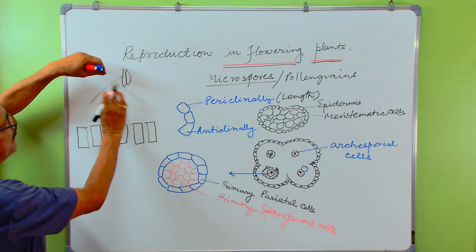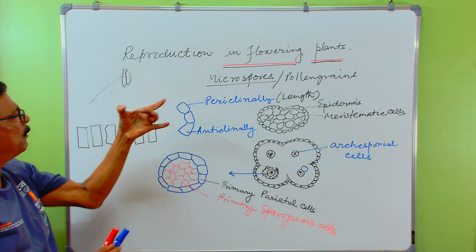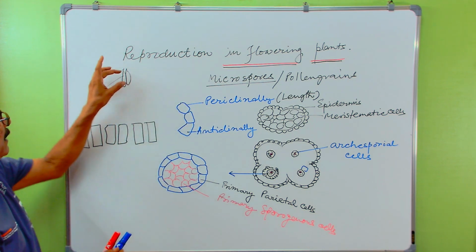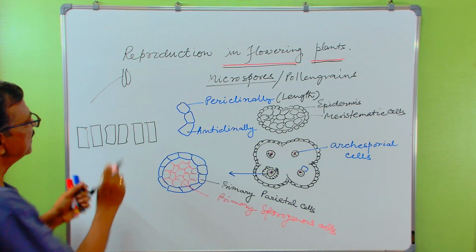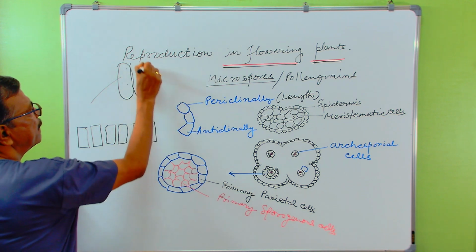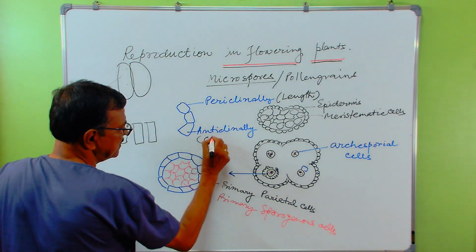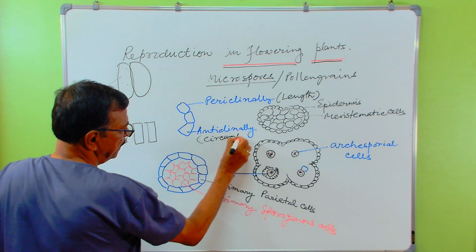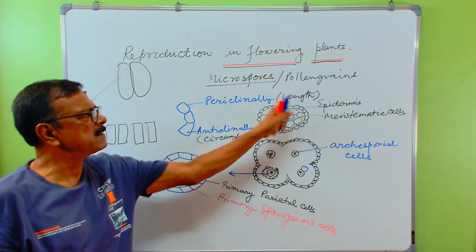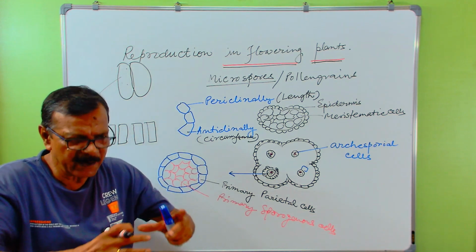The circumference will be more, and the periclinal division will increase the length of the anther. So this anther will look like this, flattened. So periclinal division will increase the length of the anther, and anticlinal division will increase the circumference of the anther.